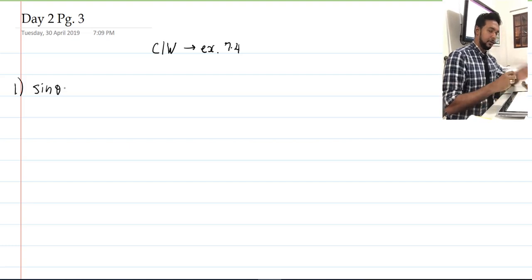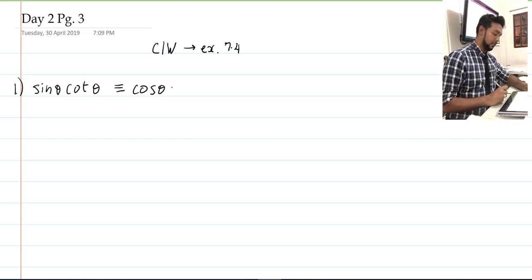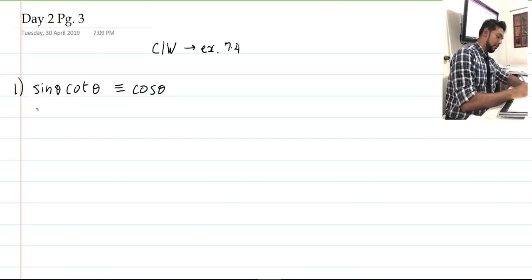So we have sine theta by cot theta is identical to cos theta. Okay, so what do we remember about cot theta? That's 1 over tan, right?